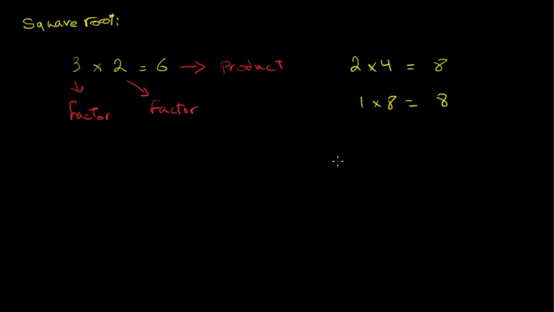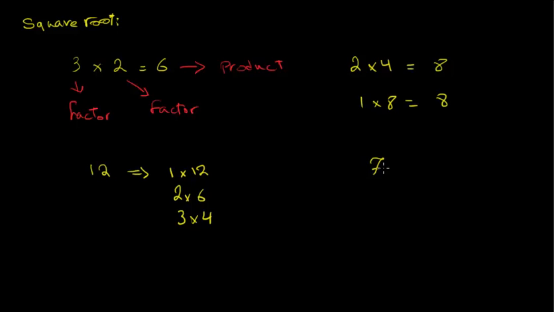So if somebody asks you what the factors of number 12 are, you could say it is 1 times 12, or 2 times 6, or 3 times 4. All of them are factors for 12.